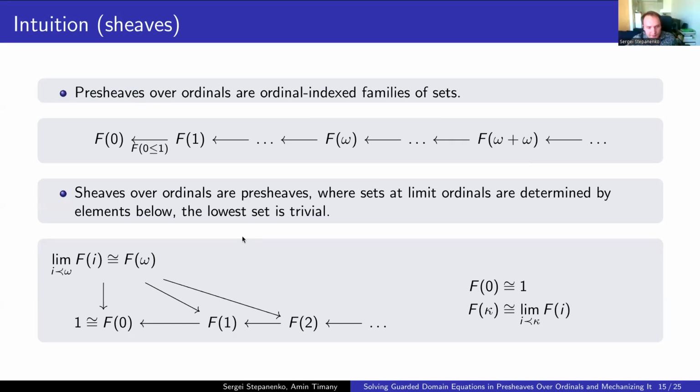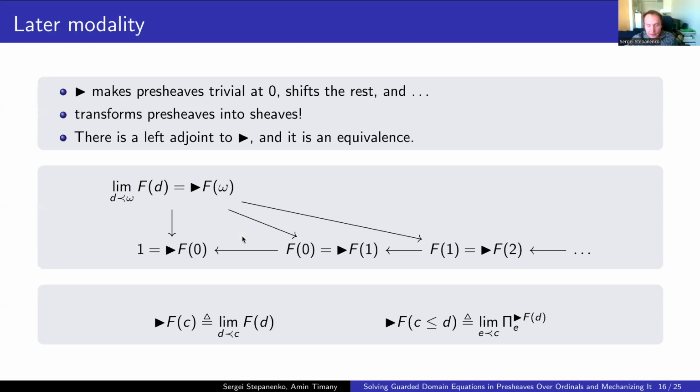of stages below it. And if we look at the definition of later, we can see that it does exactly transform any presheaf into a sheaf. And moreover, the only time we need to use the sheaf condition to construct fixed points is when it's under later.